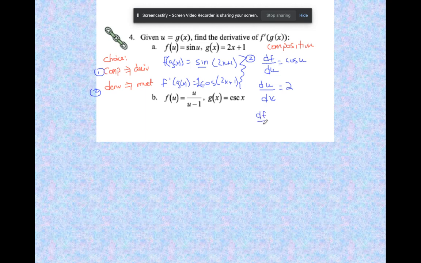Multiply the separate derivatives, making sure that you have the chain to connect them. But then don't forget you need to replace. Right?